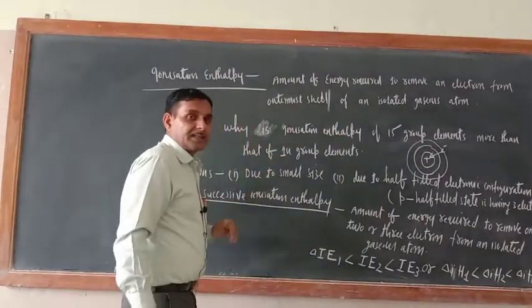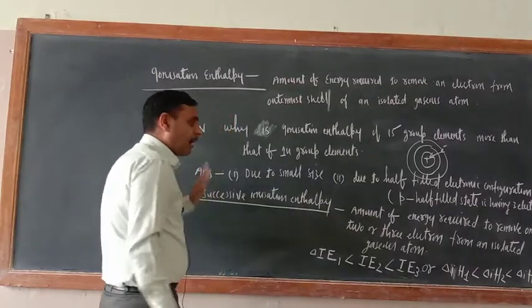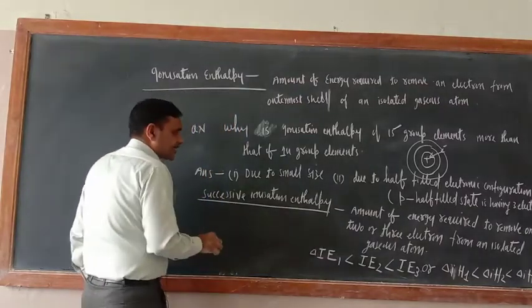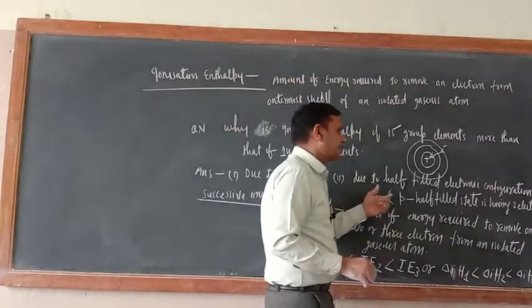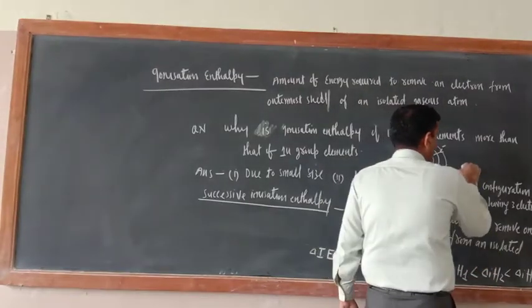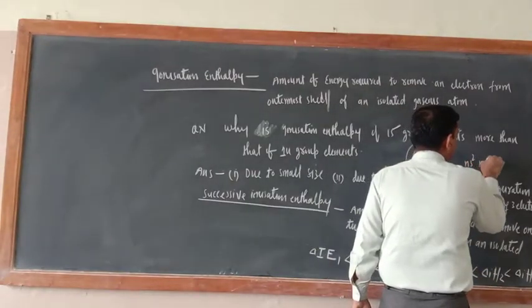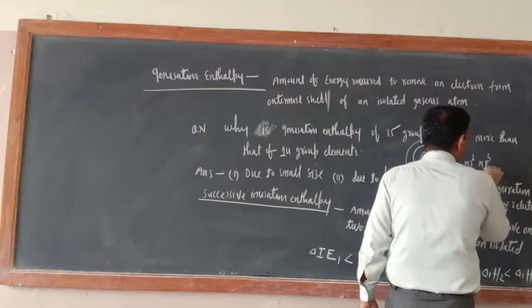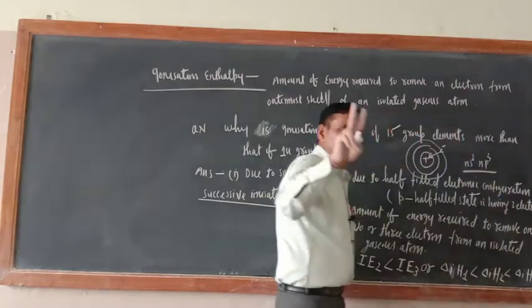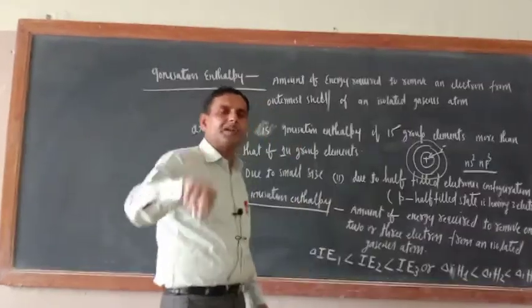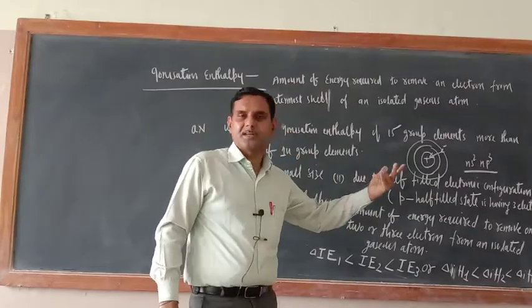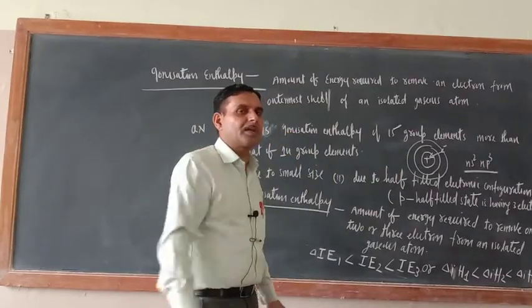The second reason is, if you see carefully, all 15th group elements have a half-filled electronic configuration. Just see, what is their electronic configuration? ns2 np3. ns2 np3 means the p orbital of 15th group elements is half filled. What is the full capacity of the p orbital?